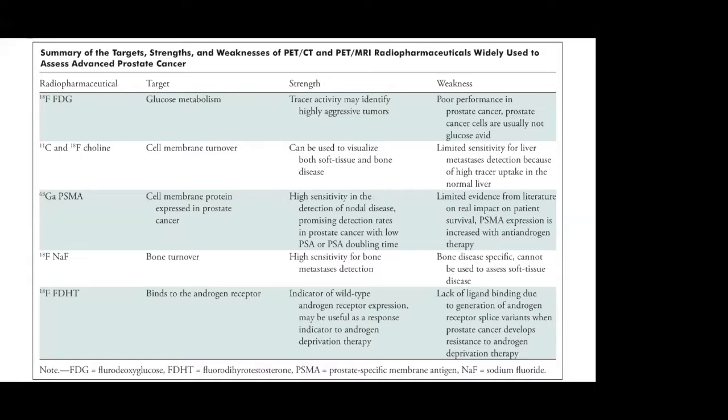This is correlated with an increase in PSMA, making it less reliable for this purpose. Then there's sodium fluoride, which is also very sensitive to detect bone metastasis, but it can only detect bone mets. And then there's FDHT, which binds to the androgen receptor. Again, the issue here is that when your tumor becomes resistant to androgen deprivation therapy, it's no longer sensitive.